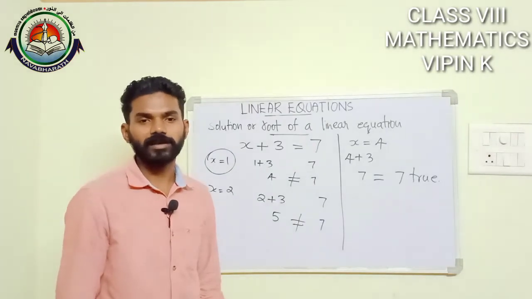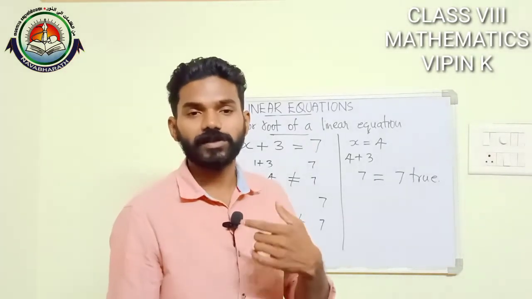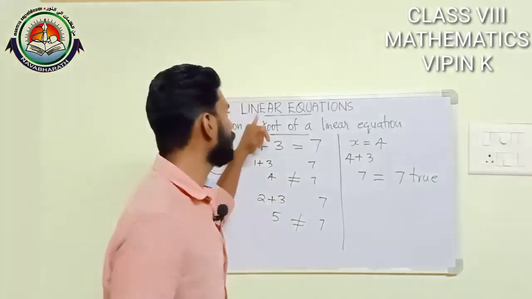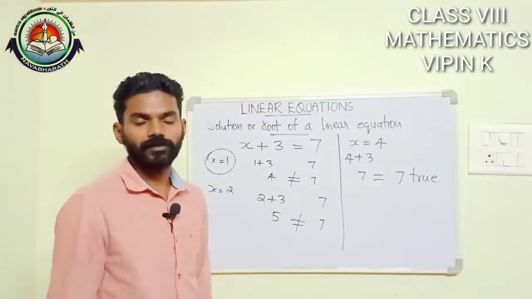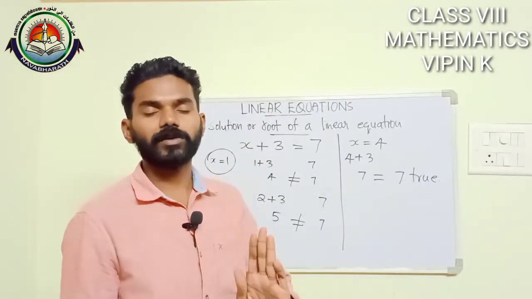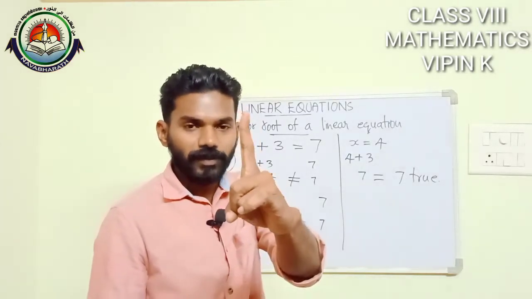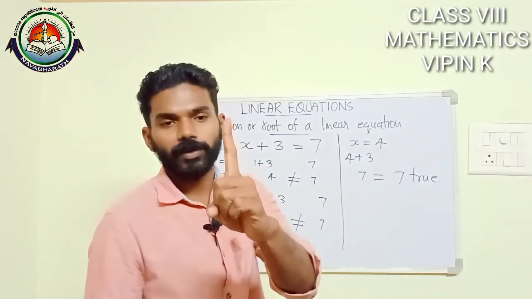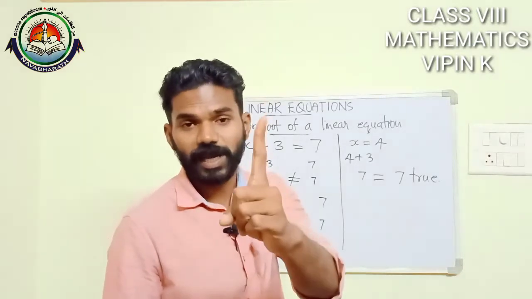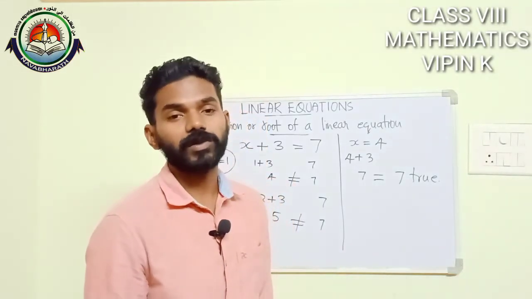So tell me, how many solutions are there for a linear equation? For a linear equation, there would be a unique solution, or there would be only one solution, or exactly a single solution.